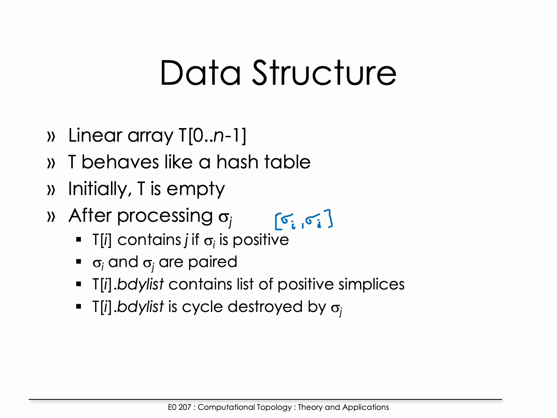So at I, you both store who it is paired with, namely j, and you also store a representation of the cycle that was destroyed when you insert sigma sub j, right? So we will use this data structure to understand the algorithm.